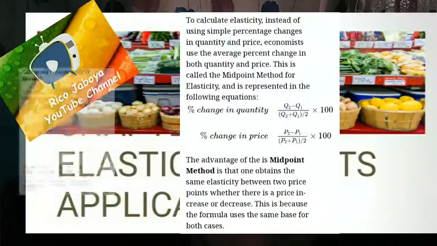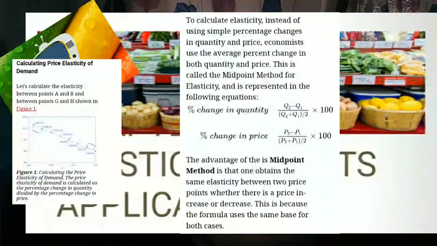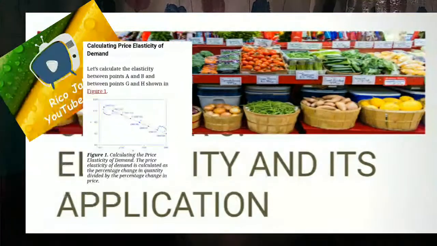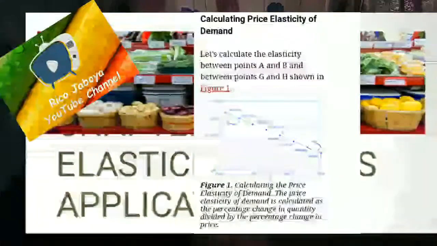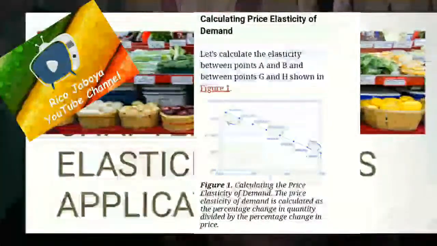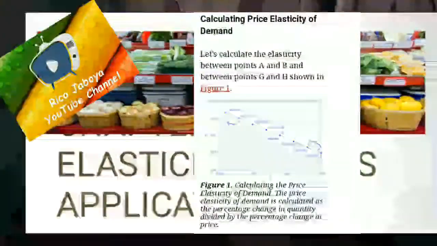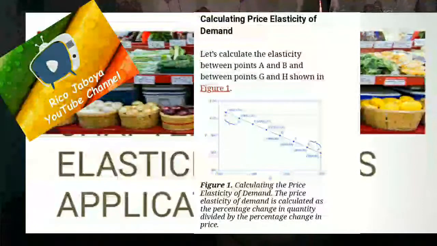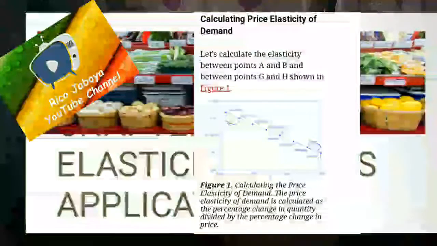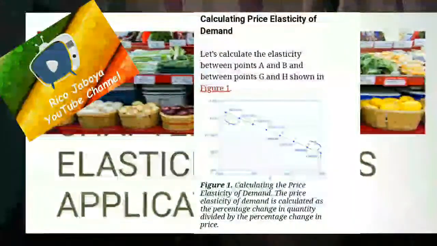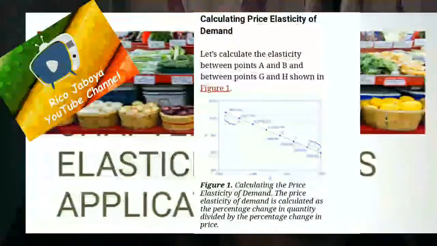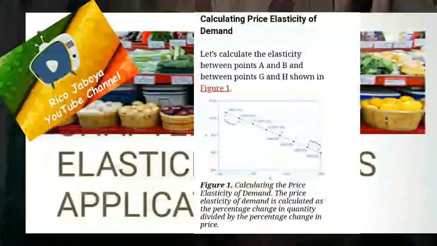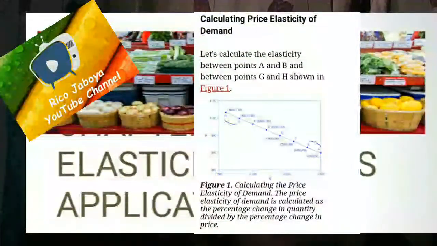I will show the graph here. This is the graph we will work on. There is a problem here: calculating the price elasticity of demand. PED, guys. Let's calculate the elasticity between points A and B and between points G and H, shown here in Figure 1.